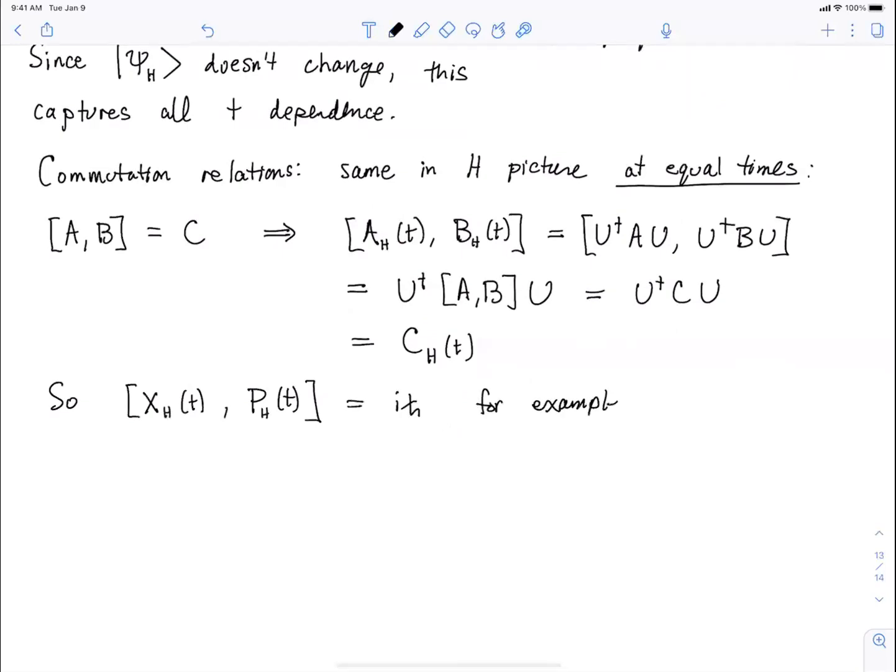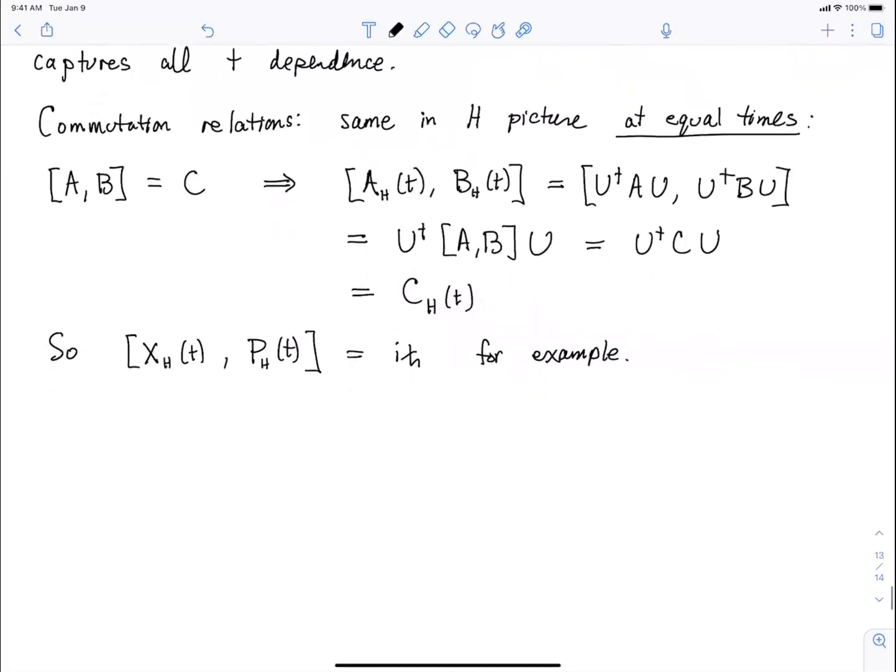And a lot of times that's what you really want to know, but you just have to be careful because if I do this commutator, for example, the Heisenberg picture commutator of X at time t with P at some different time t prime, that in general is not anything simple. And in particular, it's not i h bar. Okay, so that's why the at equal times is very important.